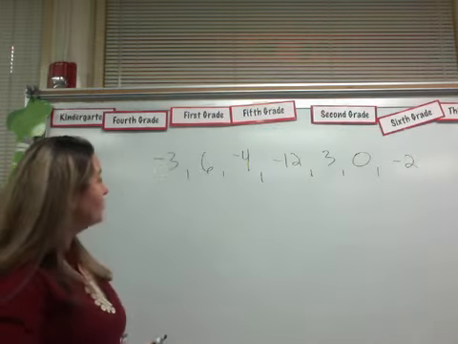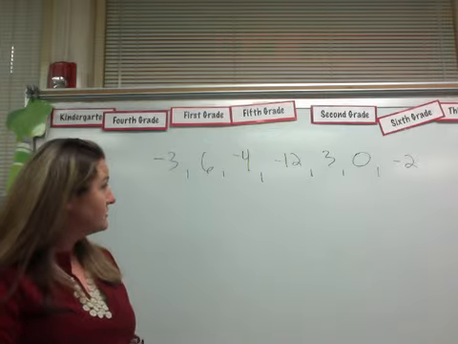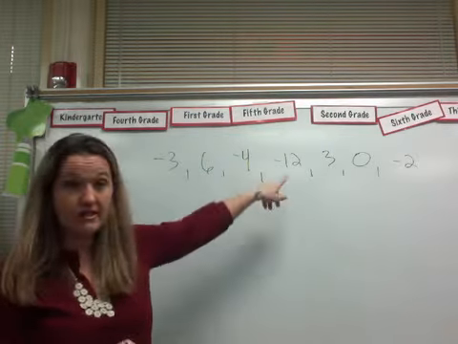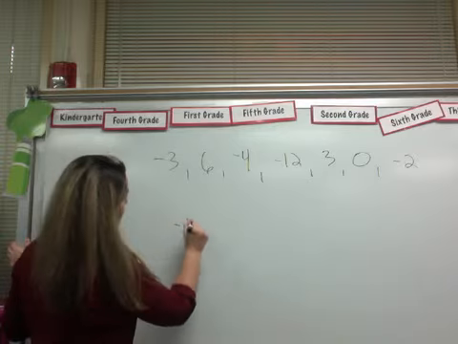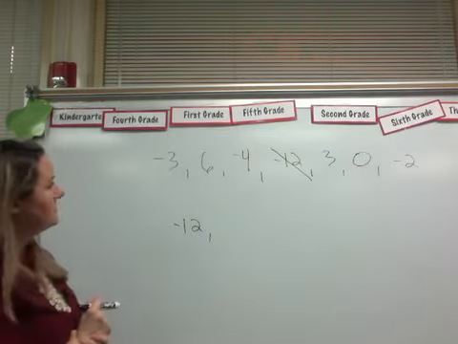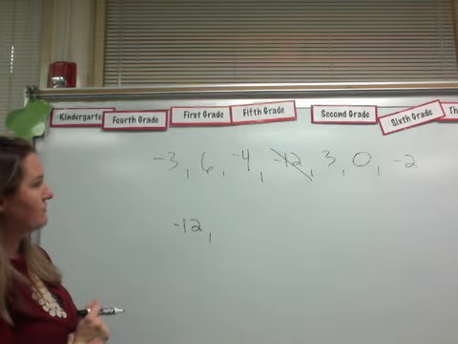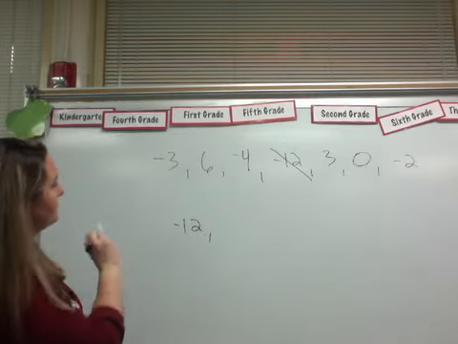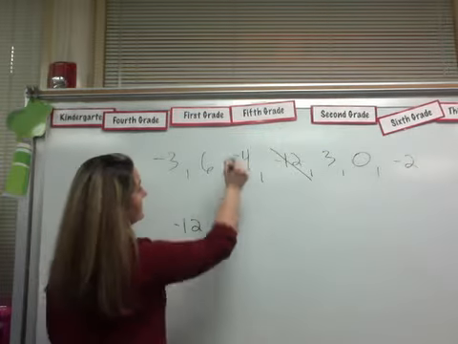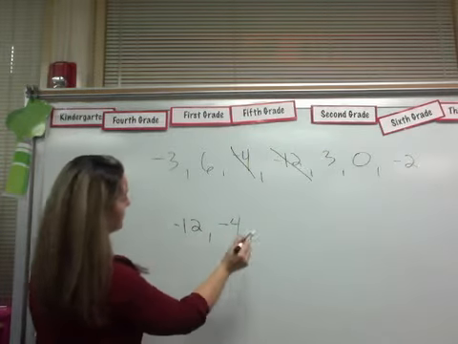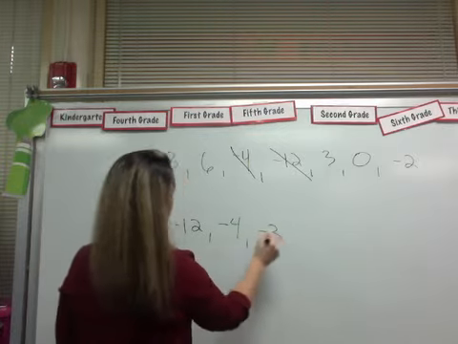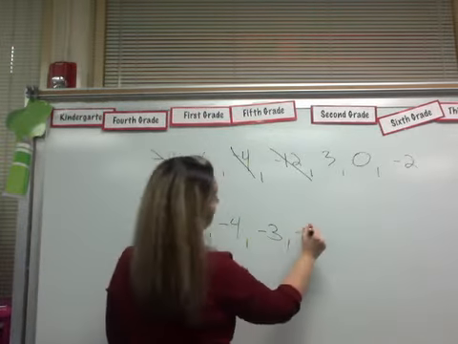Which of these numbers is negative and the furthest away from 0? Well, -12, so -12 is my smallest number. Now that that's gone, which one is the next furthest away from 0? We've got -3, -4, -2. -4 is the next furthest away. That's gone, and then we've got -3 and -2. Which is smaller? -3 is smaller. And then we've got -2.